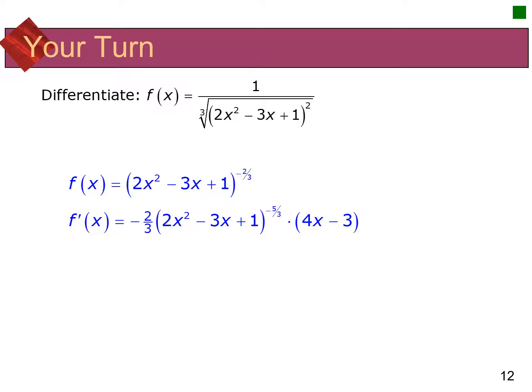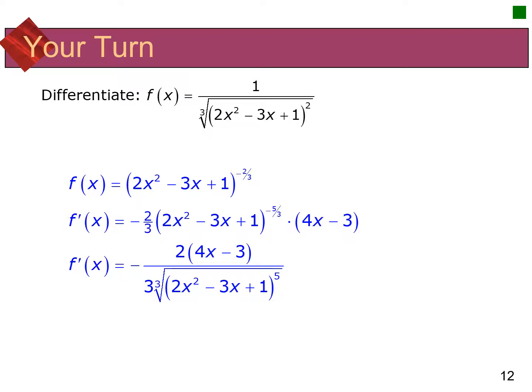I could possibly rewrite it a little bit because, generally, the way that most books write problems and present answers, if it starts off in radical form, then I'm going to tend to more often than not put it back into radical form. So, I'm going to have the negative sign. I'm going to have the 2 times the 4x minus 3 on top.